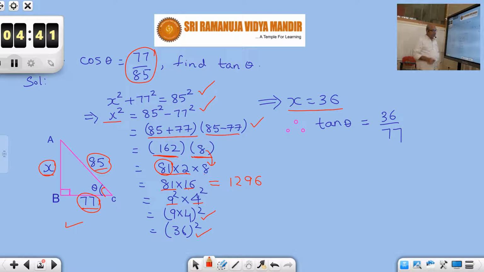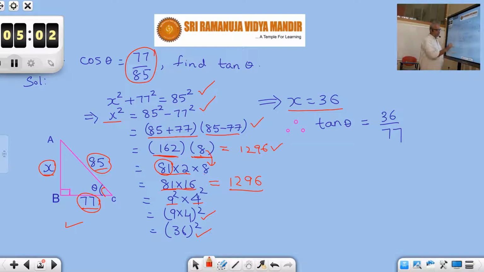So some students, here at this stage 162 into 8, okay, they are going forward and writing it as 1296. Well, they are multiplying. So that is not the correct method.